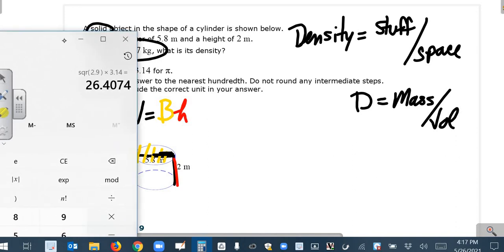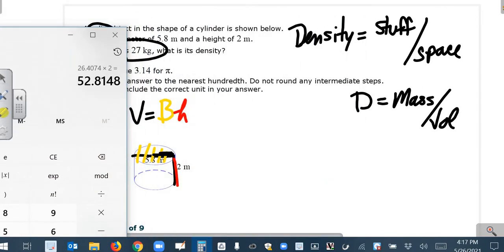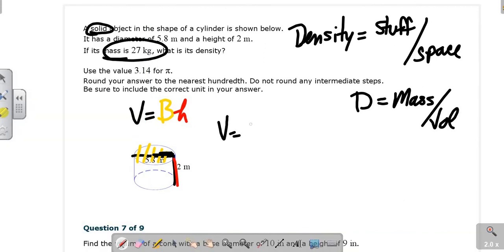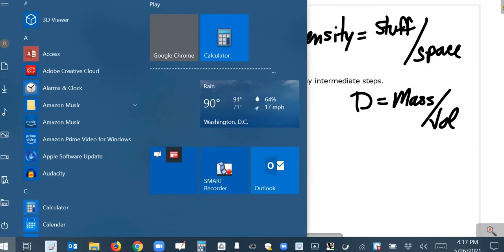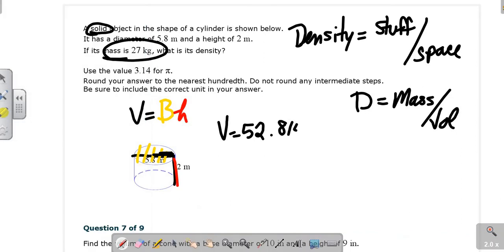And then times our height, which is times by 2. And we get 52.8148. That's meters cubed. That's our volume.